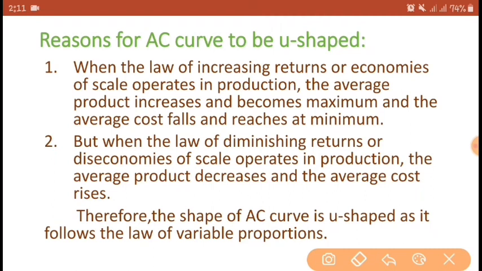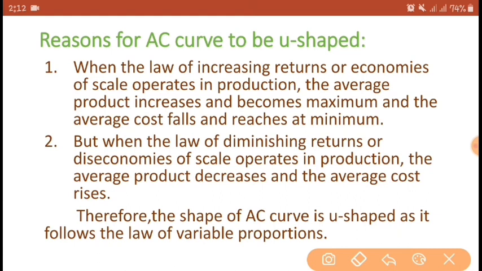And another reason for the operation of increasing returns is that as more and more units of labor are employed, the efficiency of labor ultimately increases. This is because of the advantage of division of labor and specialization. In return, they produce more and more, or the business achieves more and more output, relating to the decrease in the average cost.